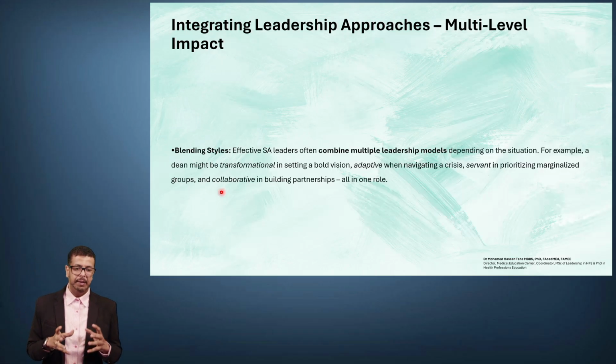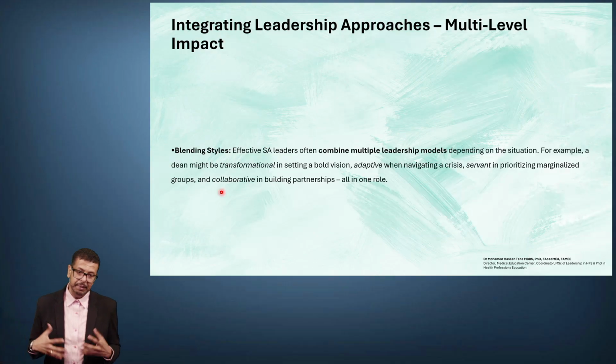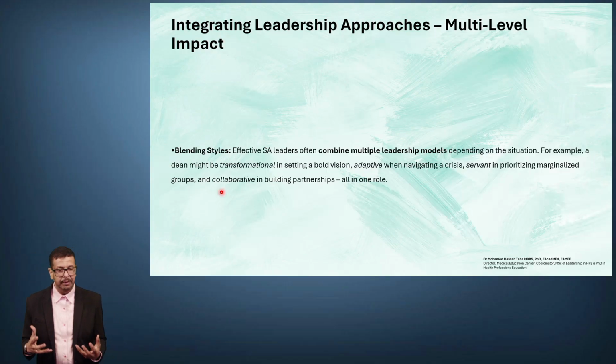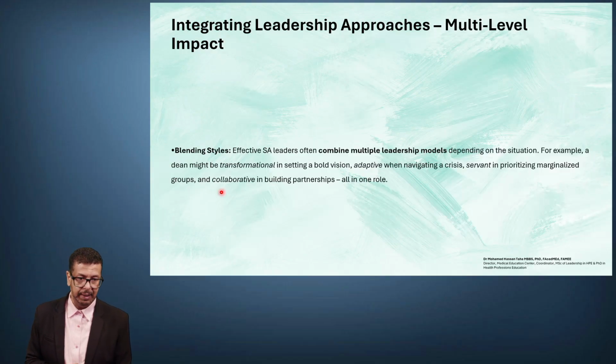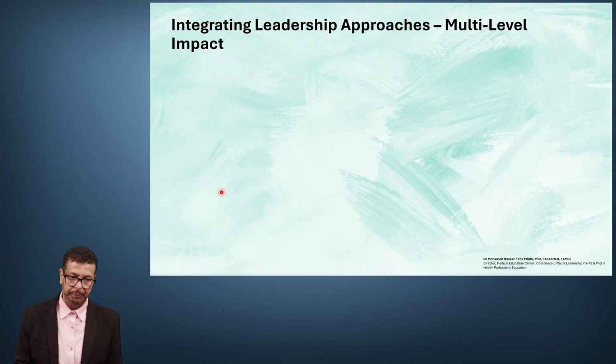Then he or she can use an adaptive leadership style when navigating a crisis of the medical school. Then we use a servant leadership style when dealing with marginalized groups or underserved populations. Then maybe use a collaborative style in building partnerships. So all in one role.